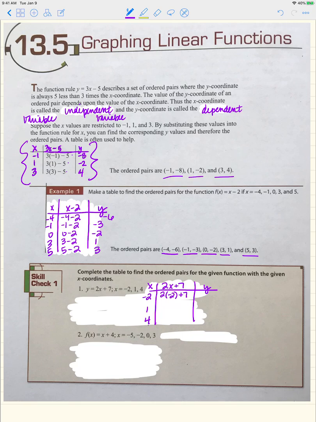So that's 2 times -2 is -4 plus 7 is 3. What about when x is 1? That's 2 times 1 plus 7, that's 9. What about when x is 4? That's 2 times 4 plus 7, that's 8 plus 7, that's 15. Okay, so our ordered pairs would be -2, 3, 1, 9, and 4, 15.